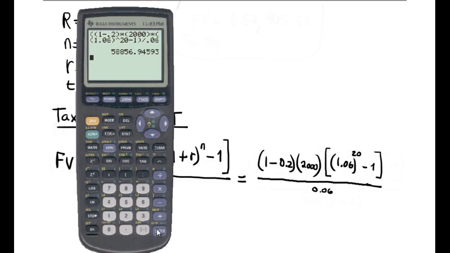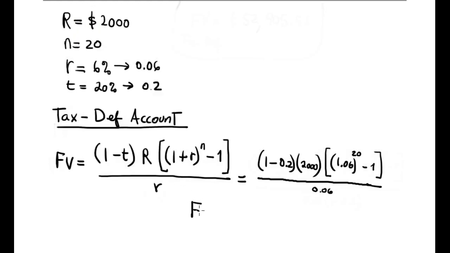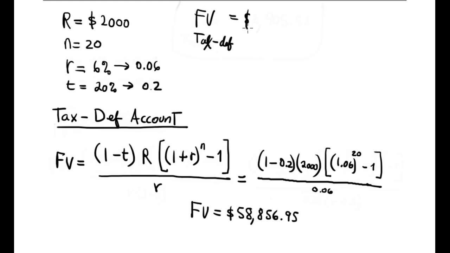And this is the answer: the future value for the account in 20 years is 58,856.95. Okay, so now the future value for tax deferred is 58,856.95.